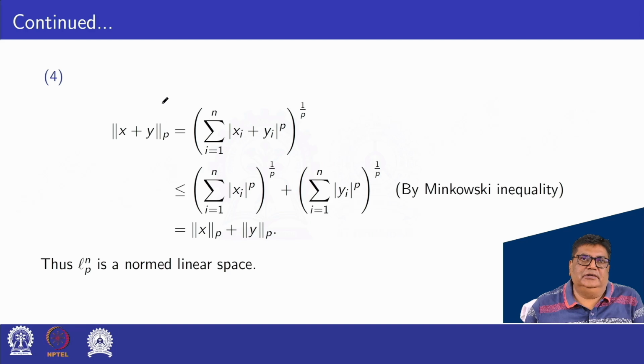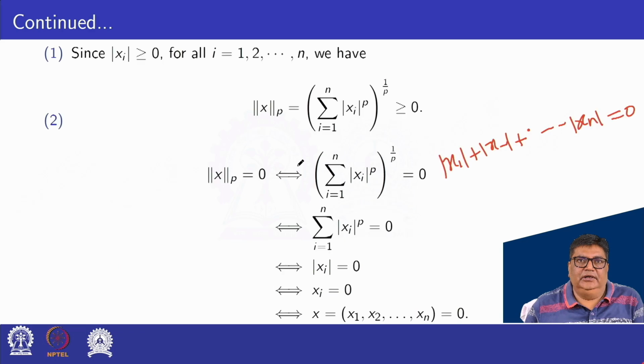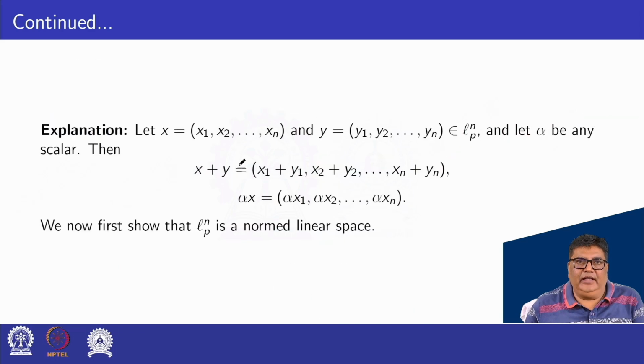Fourth condition: ||x plus y||p = (summation i = 1 to n |xi plus yi|^p)^(1/p), because here x plus y is defined as the n-tuple (x1 plus y1, x2 plus y2, and so on, xn plus yn).